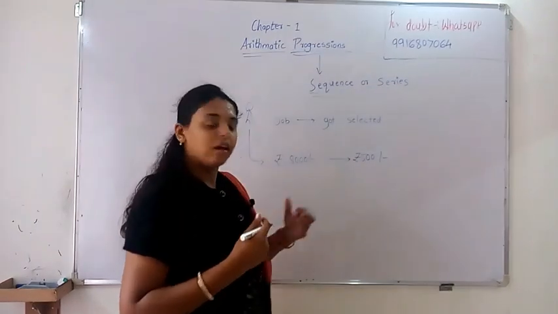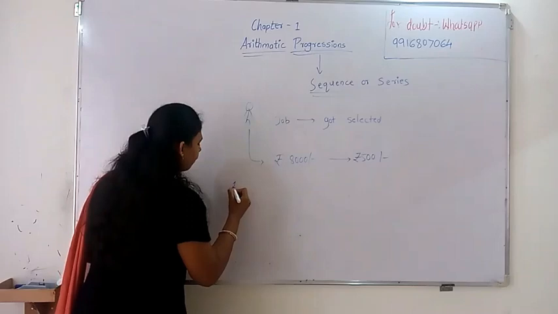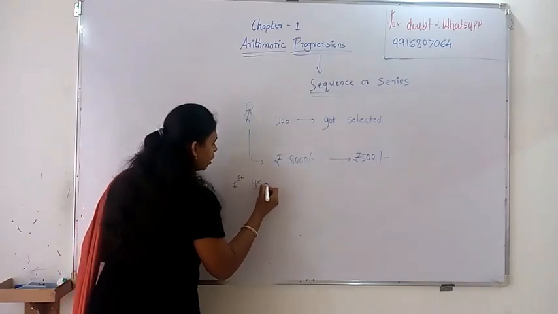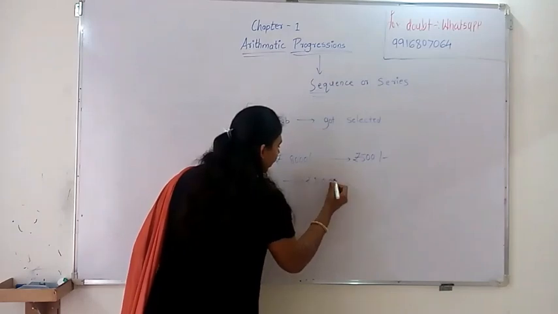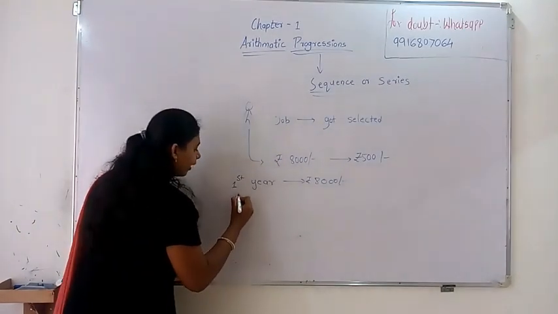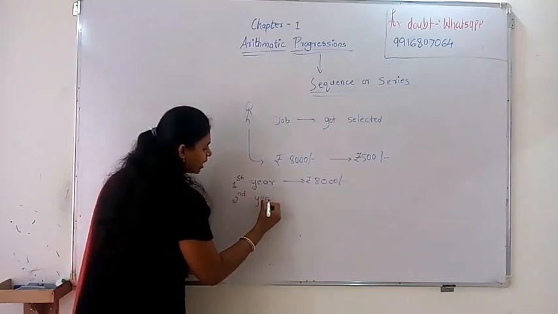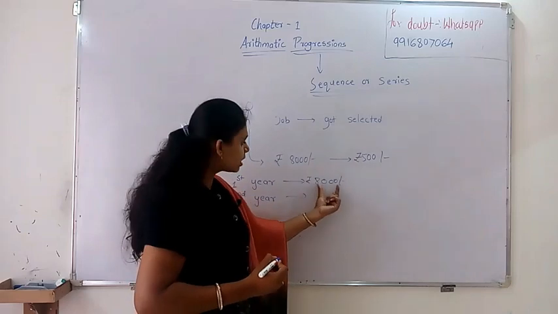So on this basis, we can tell that the girl in the first year will have rupees 8,000 only, correct? Then the second year, 500 increment in this 8,000.